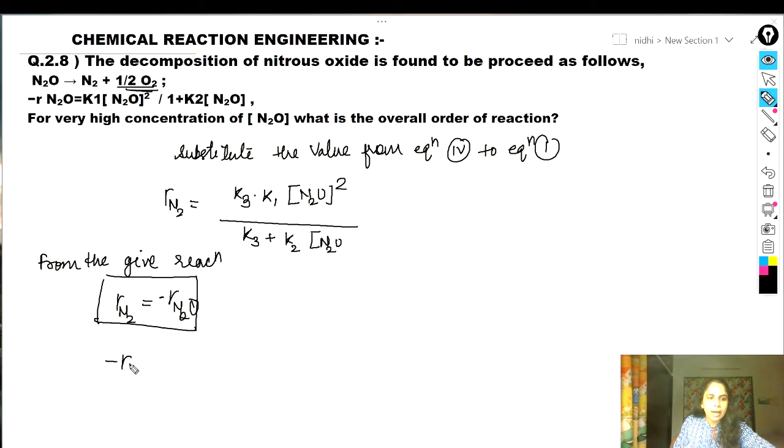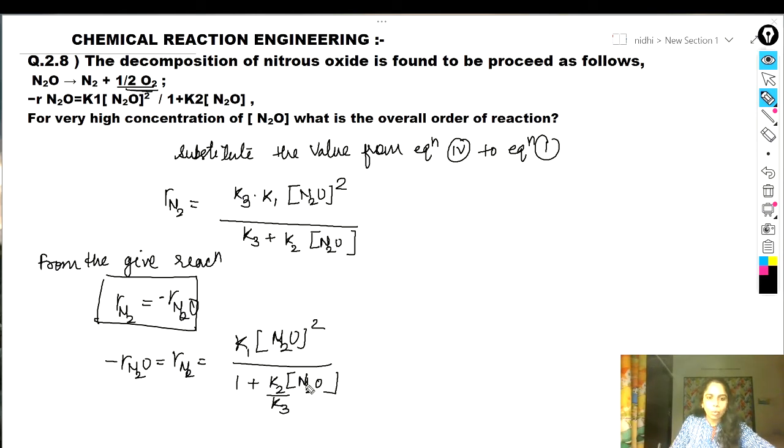So minus Rn2O is equal to Rn2, K1 divided by K3, both in denominator and numerator. So N2O square upon K3 is cancelled, 1 plus K2 N2O, K2 upon K3 N2O.